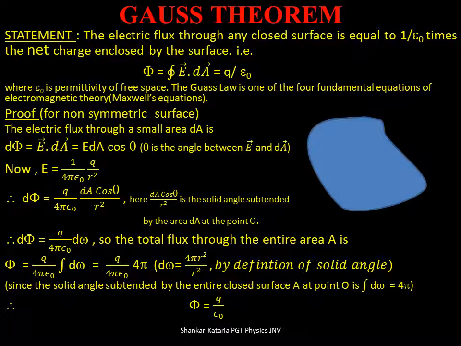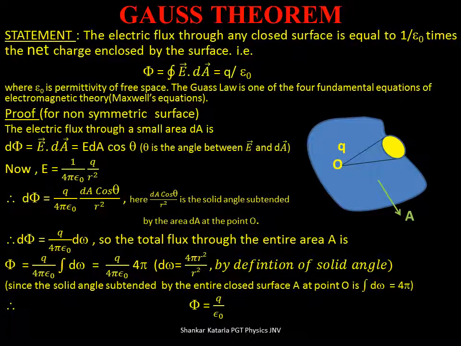To prove Gauss's theorem, we consider a surface, and this surface encloses a charge q at a point O. The area of this surface is capital A. Now as the surface is irregular, to calculate the total flux, first we need to divide this surface into smaller area elements.